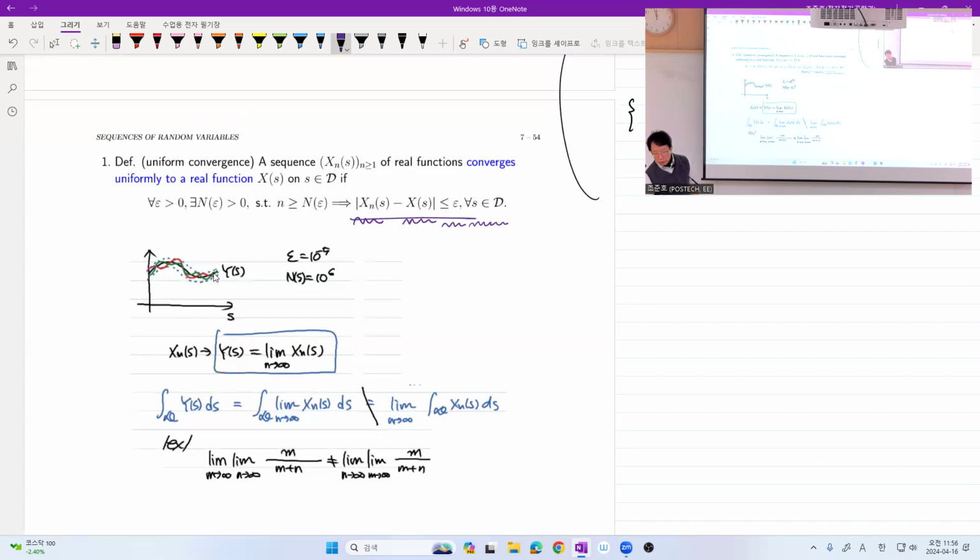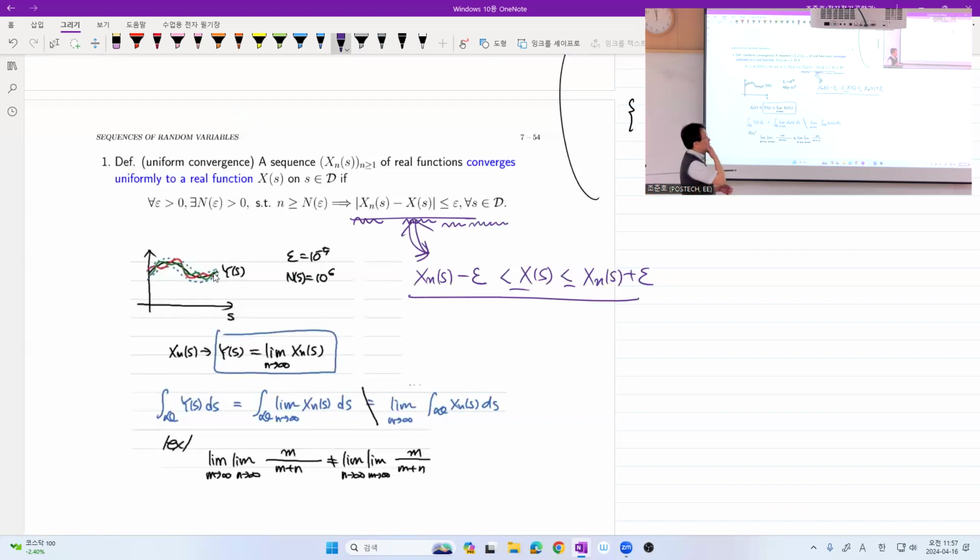So if you rewrite this one, how can you say that? x of s is between x_n of s minus epsilon and x_n of s plus epsilon, right? They are the same, as you learned in middle school math.